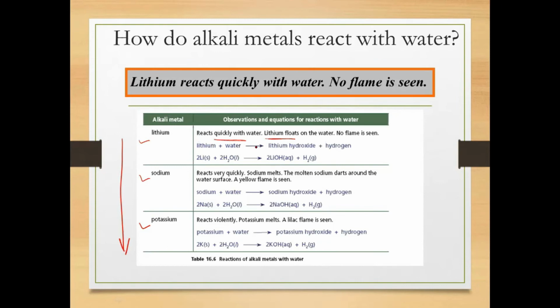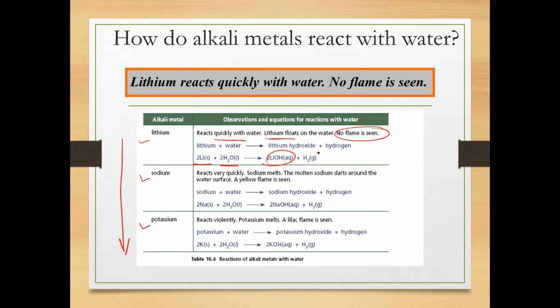When we move down the group, their densities increase, and their reactivity and metallic character increase. When we drop a piece of lithium onto the water, it will float and react quickly and no flame will be seen.